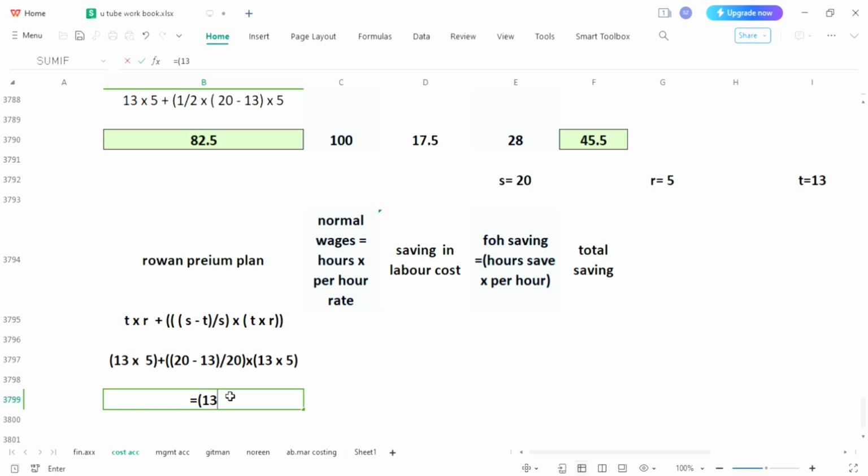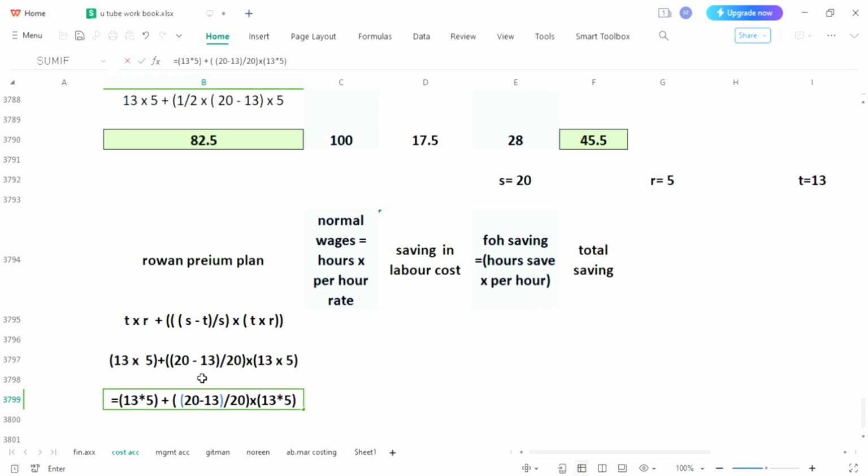13 multiplied by 5. Let's close the bracket, then plus start bracket, and here you will be applying standard time was 20 minus 13, close bracket, divided by standard time was 20, then again close bracket, multiply, bracket open, 13 multiply by 5, bracket closed.